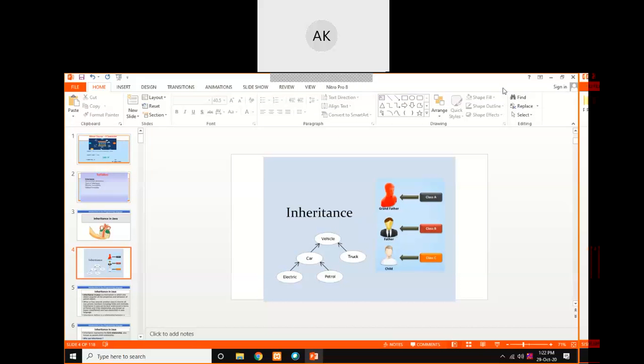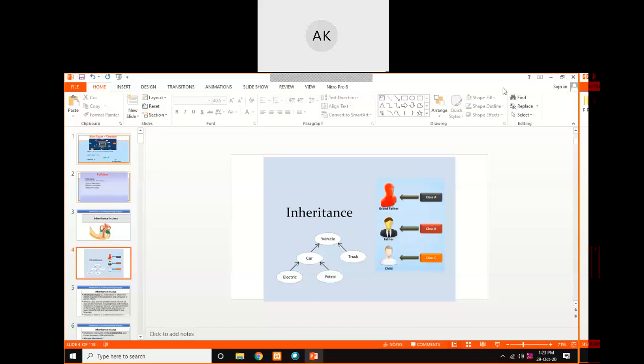And in object oriented programming language, the existing thing is called the base thing, whereas the new thing derived from the base thing or the existing thing is called either the child class or the derived class, right?